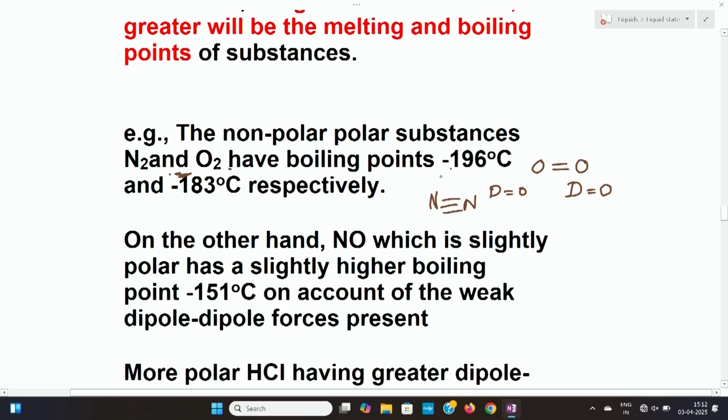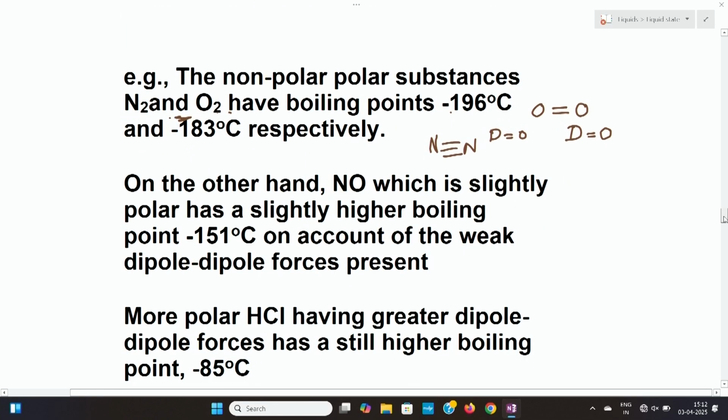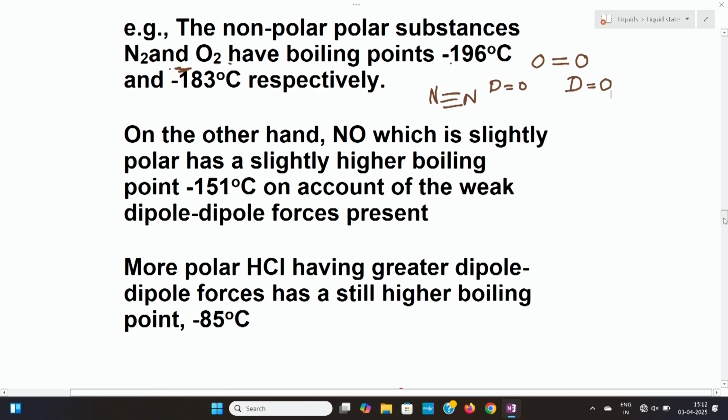Since they are non-polar molecules, their boiling points are low, minus 196 and minus 183 degrees Celsius respectively. If we take another example like NO, it has slight polarity, therefore there is some increase of boiling point, minus 151 degrees Celsius.